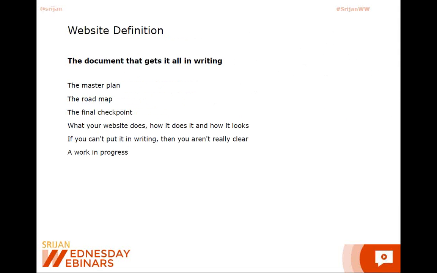You may find that once you launch the website you decided to choose a different path. You laid out a map to begin with, and then you found that that map wasn't quite getting you to where you needed to go. And so you may still come back and revise it. So it is a work in progress. It's not something that you have to adhere to like a slave, and you can never change your mind later on.